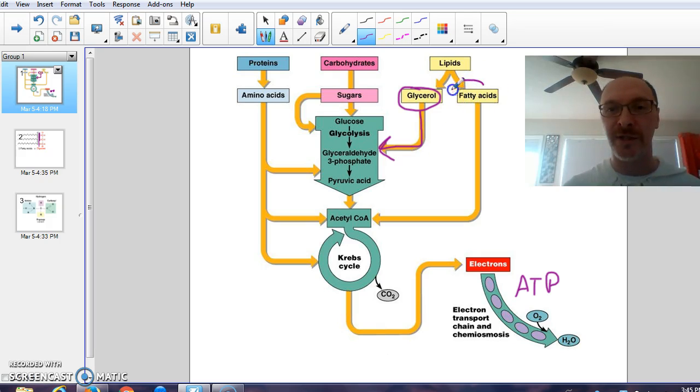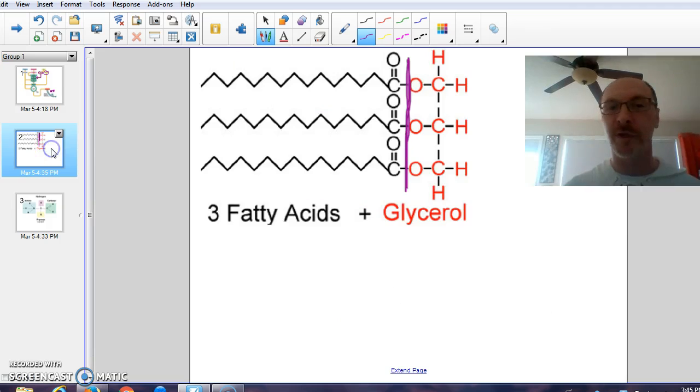The fatty acids also get fed into aerobic respiration. These fatty acids are long chains of carbons, and they're going to be cut up in 2 carbon sections. So we cut, cut, cut, cut, until the entire fatty acid is chopped up into 2 carbon sections.